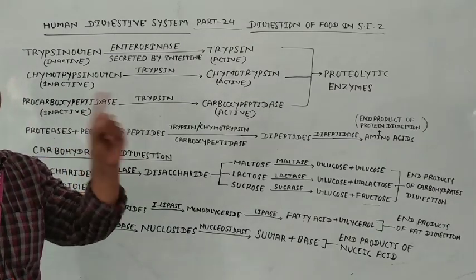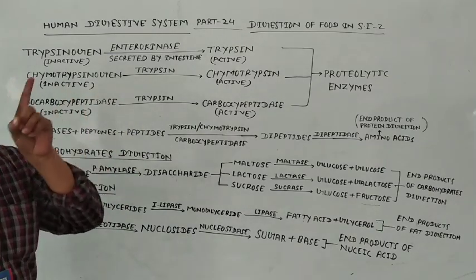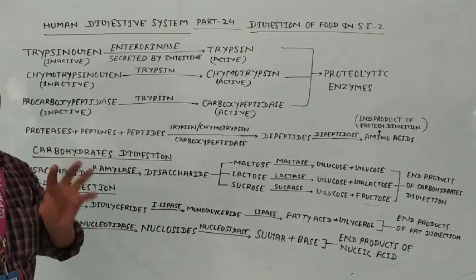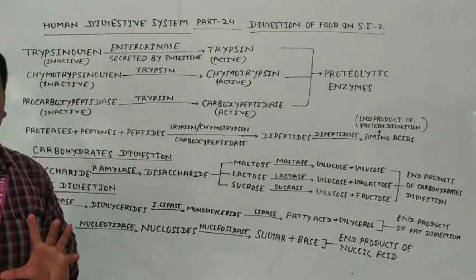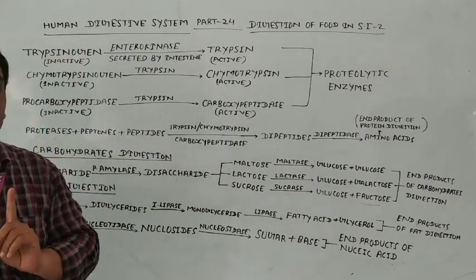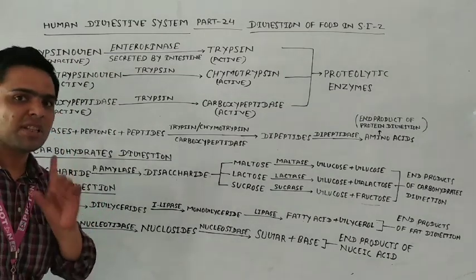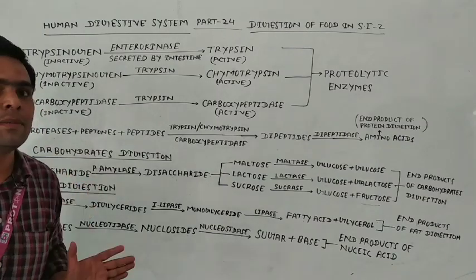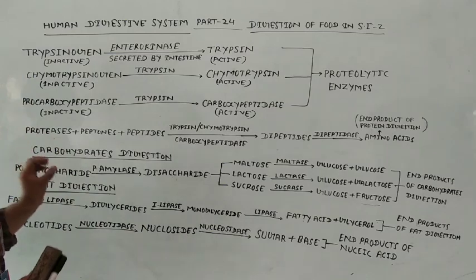Clear, students? And from there we discussed that 30% of carbohydrates, which is the starch, get digested in our mouth cavity. Clear, students? So you must remember this. So not all 100% of digestion occurs in our small intestine.